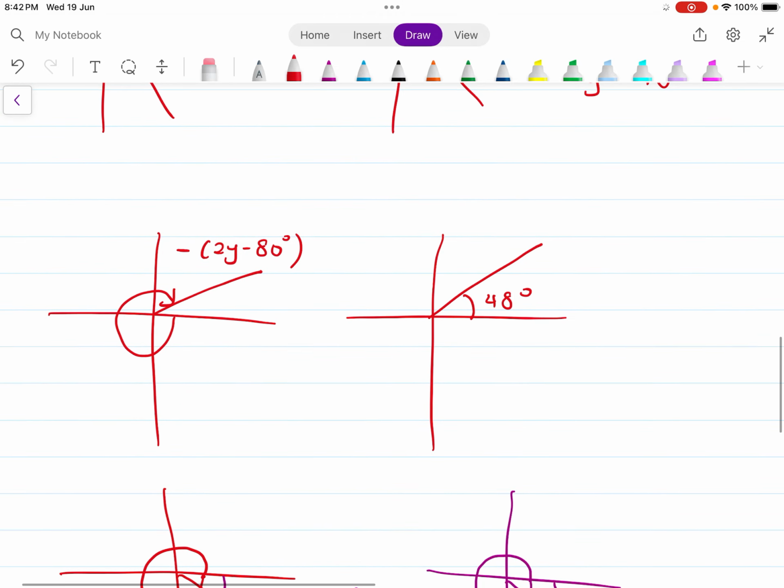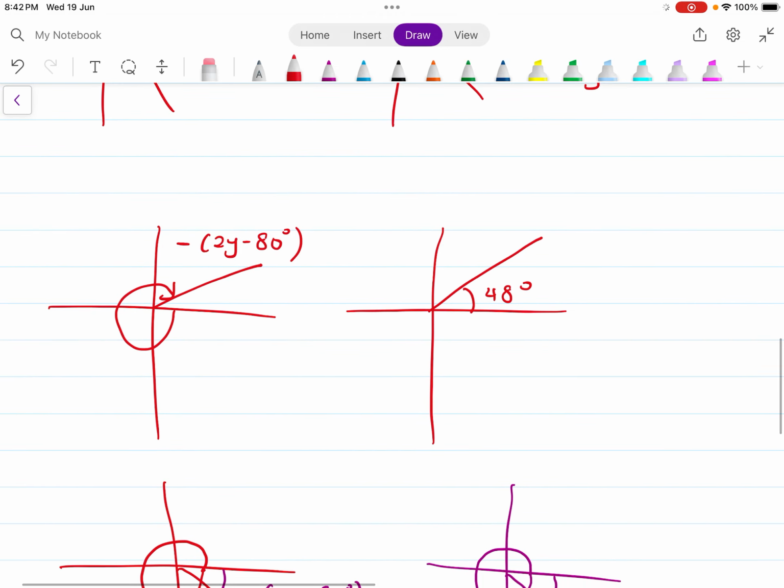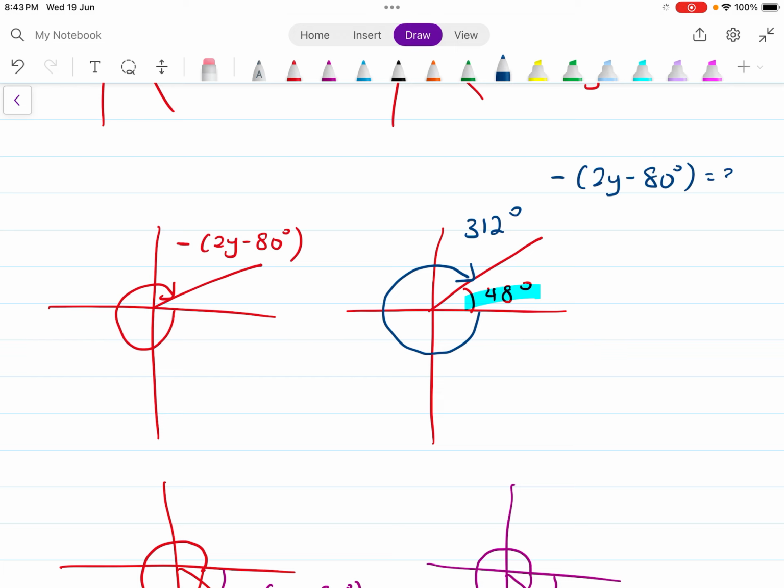Okay, let's move on to the third one. The third one is the first quadrant, so I rotate all the way until the first quadrant. So negative (2y minus 80), this whole thing is 48, so I rotate all the way, and this will be about 312 degrees. So negative (2y minus 80) degrees is equal to 312.